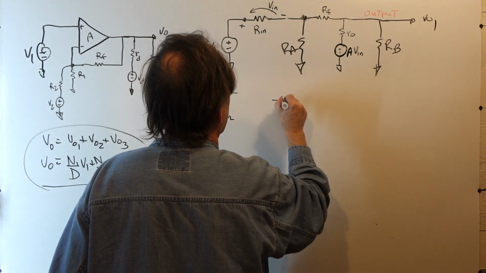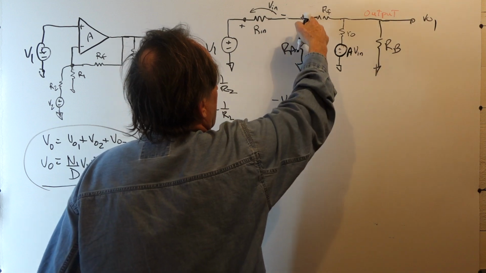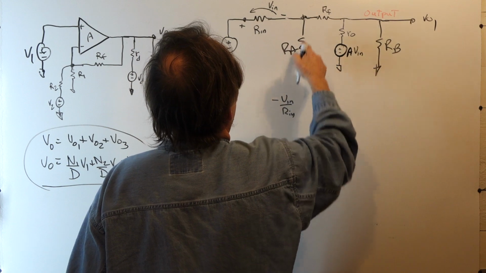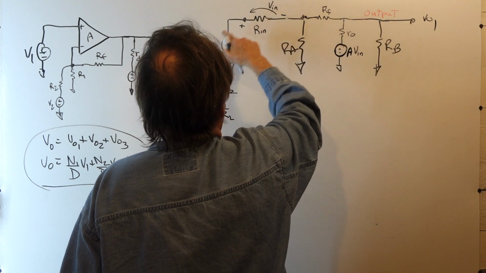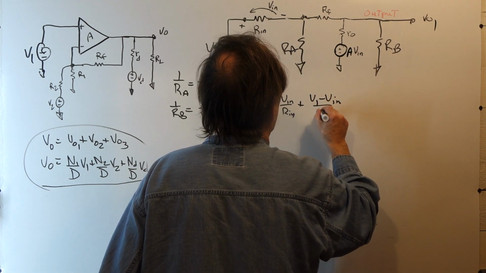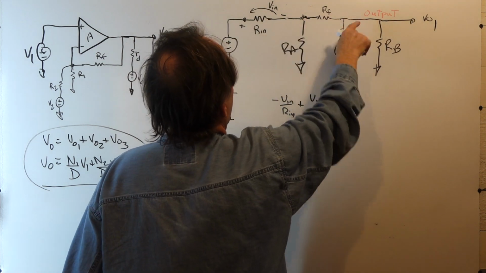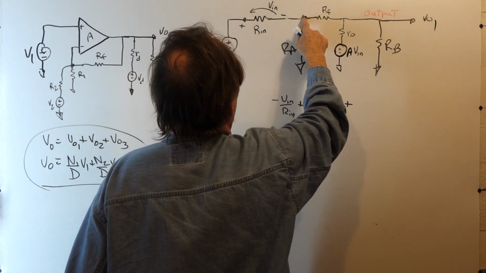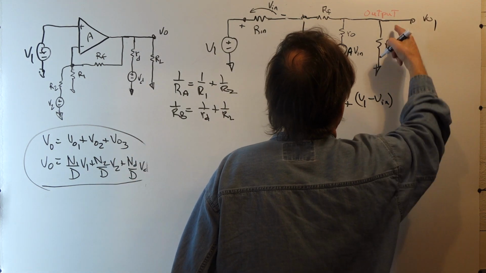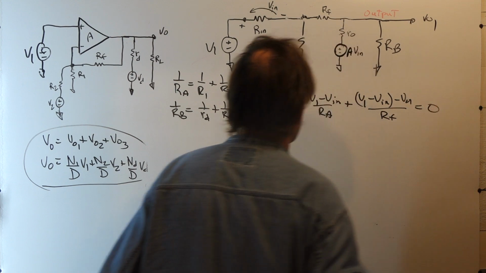So in this case, it's minus Vn over Rn. Okay. The current leaving through this resistor is the voltage at this node with respect to ground. Well, the voltage here is minus Vn plus V1, or I'll write it as V1 minus Vn over RA. And then the current leaving through RF is the voltage here minus the voltage there. Voltage here is V1 minus Vn, and we subtract the output voltage V out 1 and divide by RF. And that's equal to 0.